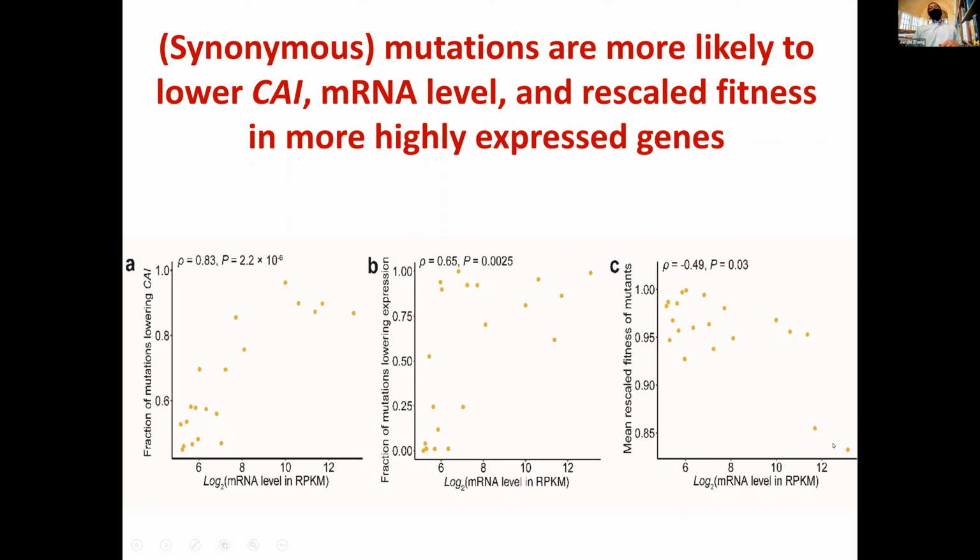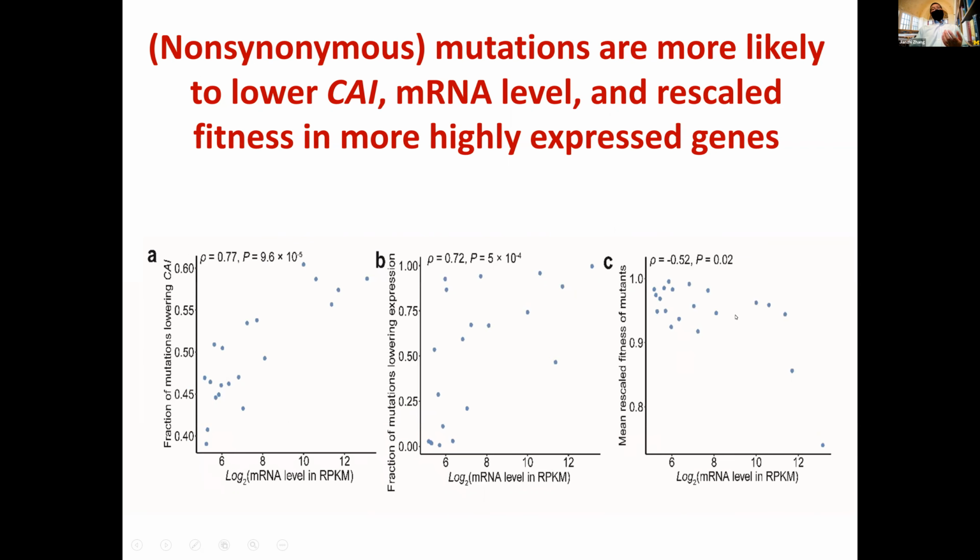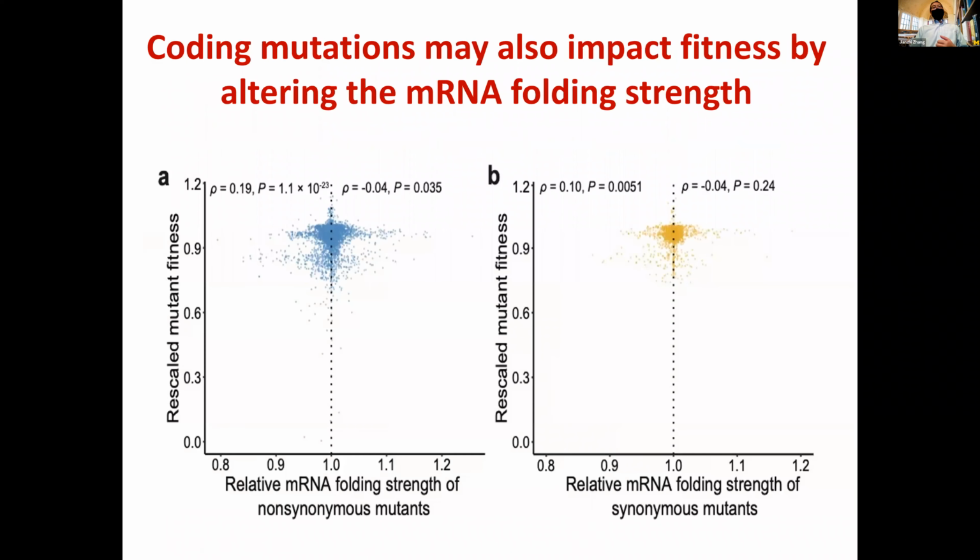So in a more highly expressed gene, a random synonymous mutation is more likely to lower the fitness. And that is also the case for non-synonymous mutations. By the way, this is the rescaled fitness.